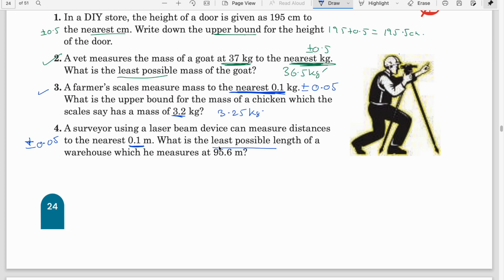So what will we do for the least? We'll subtract the accuracy and get 95.55 meters.